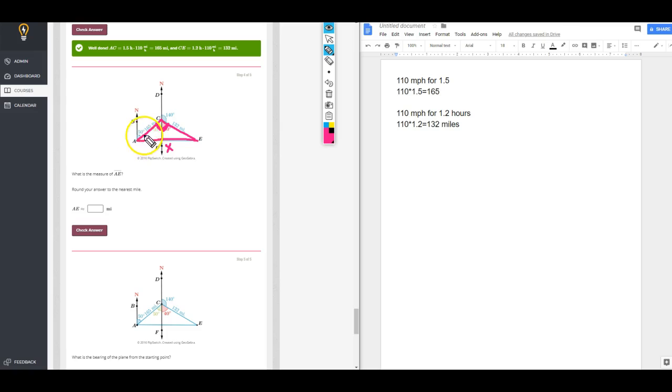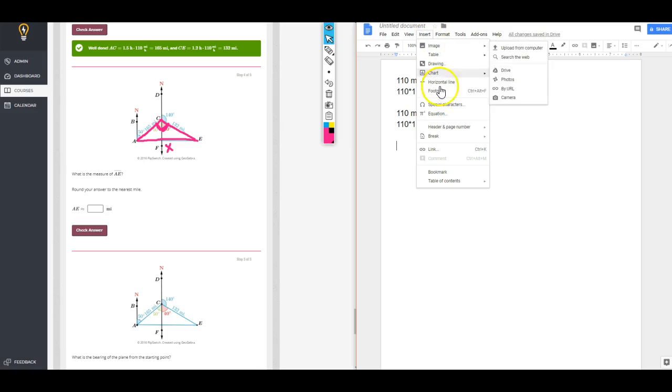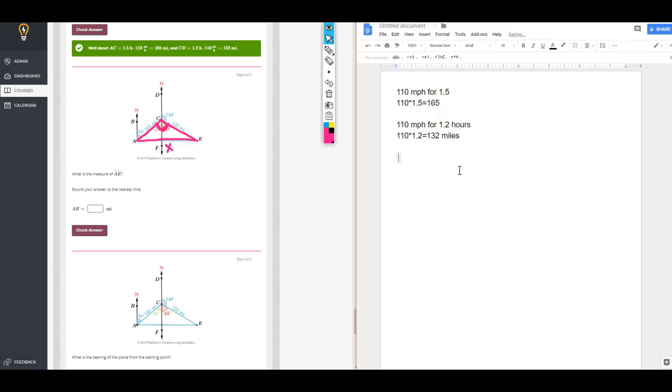So since we have two side lengths in a right triangle, I can use the Pythagorean theorem. So we have a squared plus b squared is going to equal c squared.